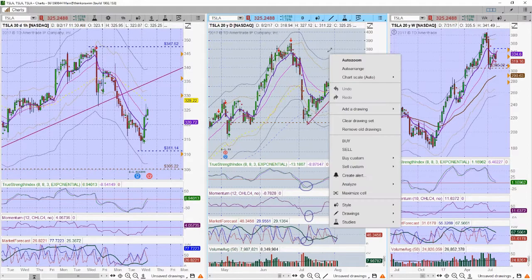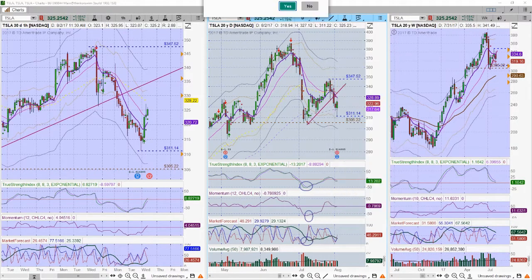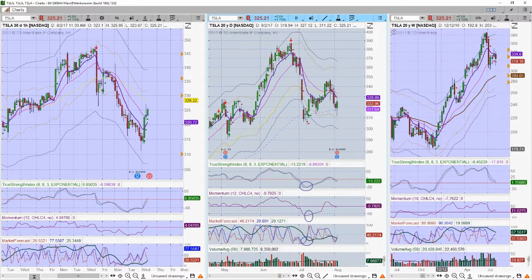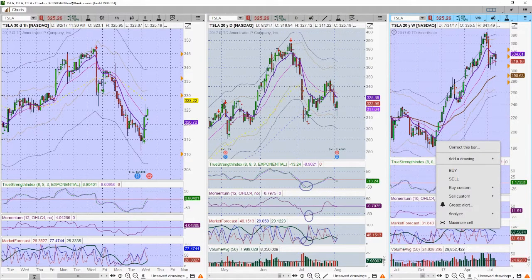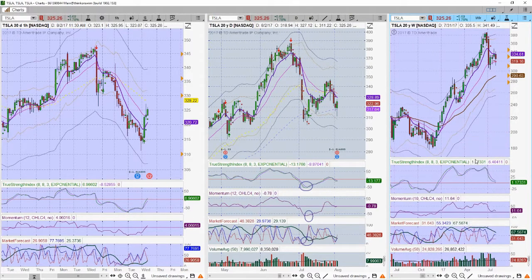Let's erase our drawings one more time. And the other thing I'm going to do is draw a trend line that I see here on a weekly chart on Tesla. So it hit a low here, it hit a low here, and then it raced on up from there.